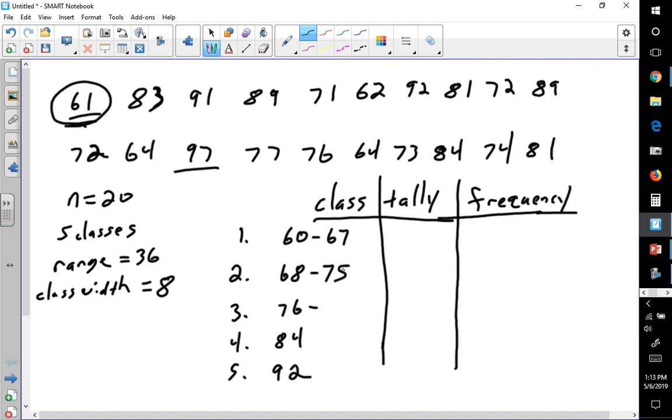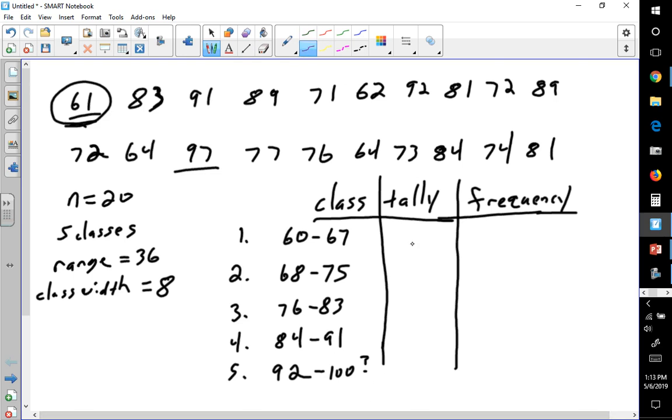Notice this difference, remember, is our class width, so we can add 8 to each of these, and that will give us our upper limit. For the intermediate ones, we can just do one less than the next lower limit, but how would that work for the last one? So add 8 to the upper limits, and that would get them.